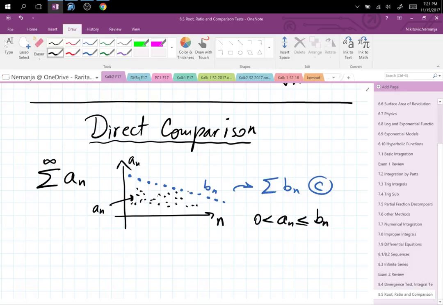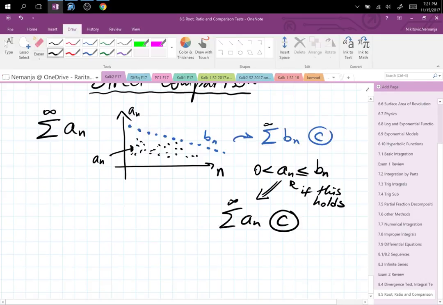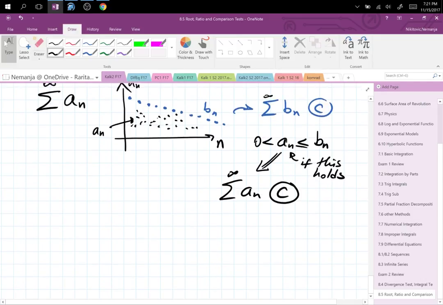That means that, if this holds, then the summation of an converges. That's your condition right there.